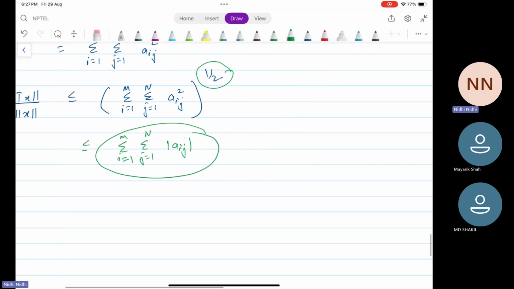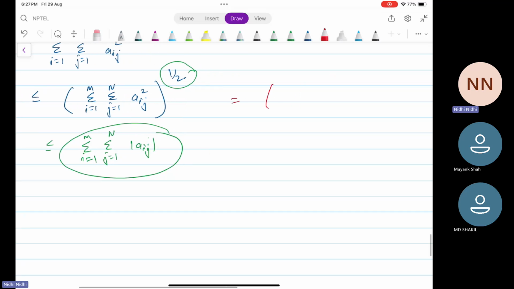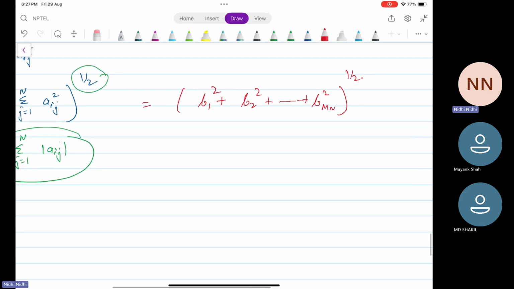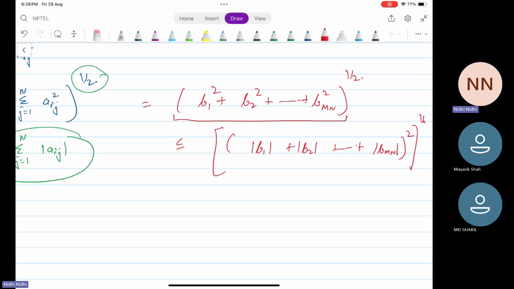I just wanted you to see that this is actually something like a sum of squares of some number of terms, suppose mn squares, then its power half. Now we know that this term is always less than or equal to mod b1 plus b2 up to bmn, whole squared to the power 1 by 2.